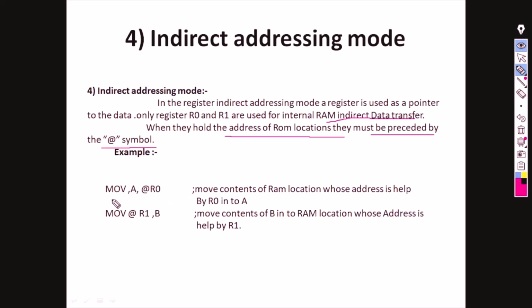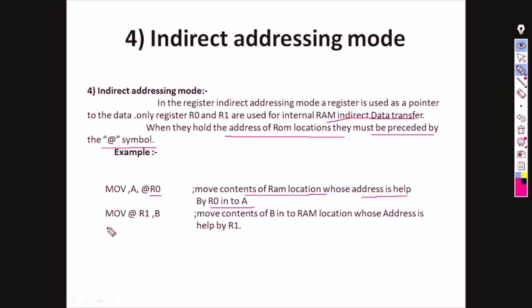So an instruction example is MOV A, @R0. That means move the contents of the RAM location whose address is held by R0 into accumulator A.